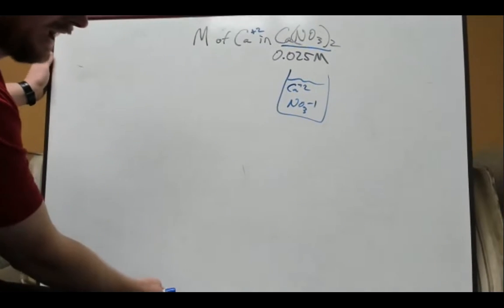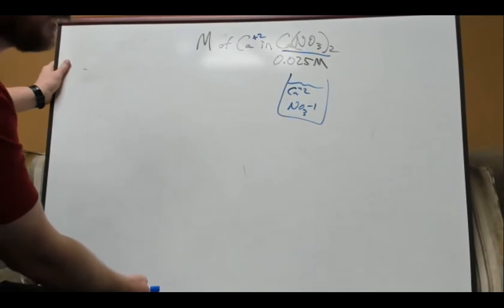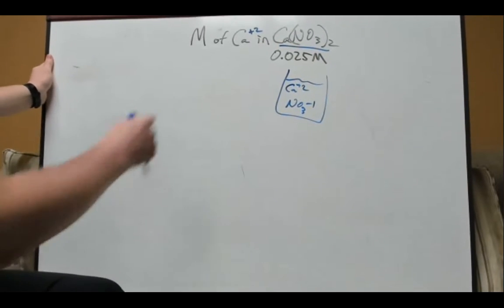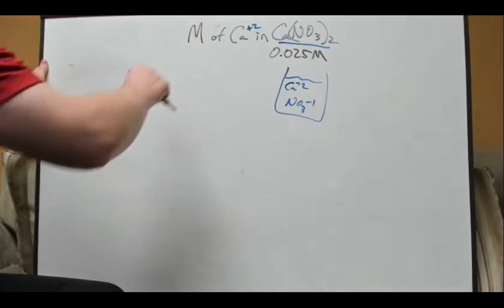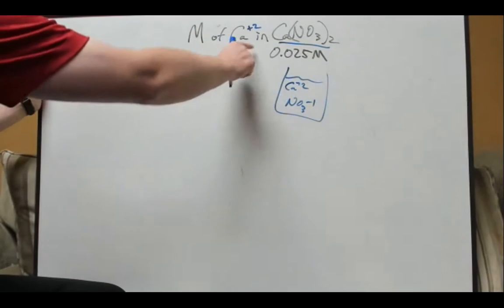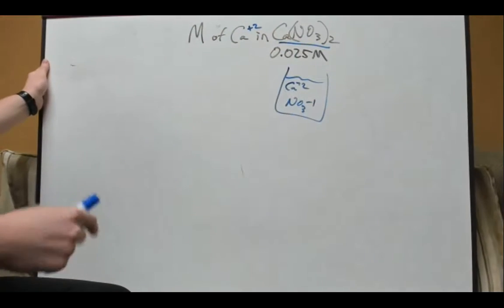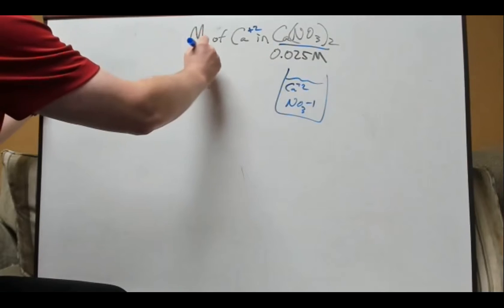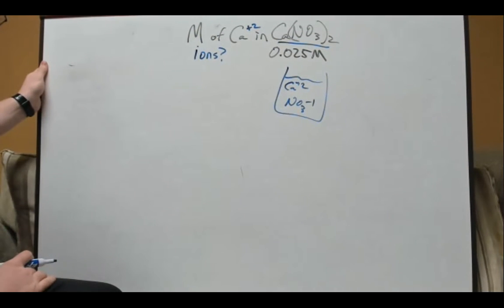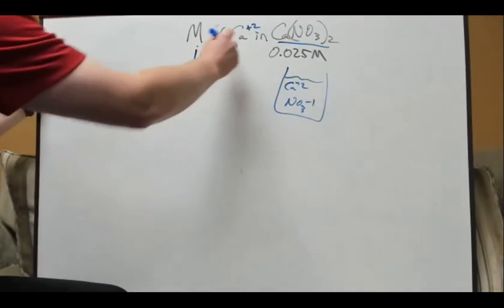We'll talk about acids and how acids do the same thing. So in this example, we want to know the molarity of calcium 2+, how many ions, and what the ions are.